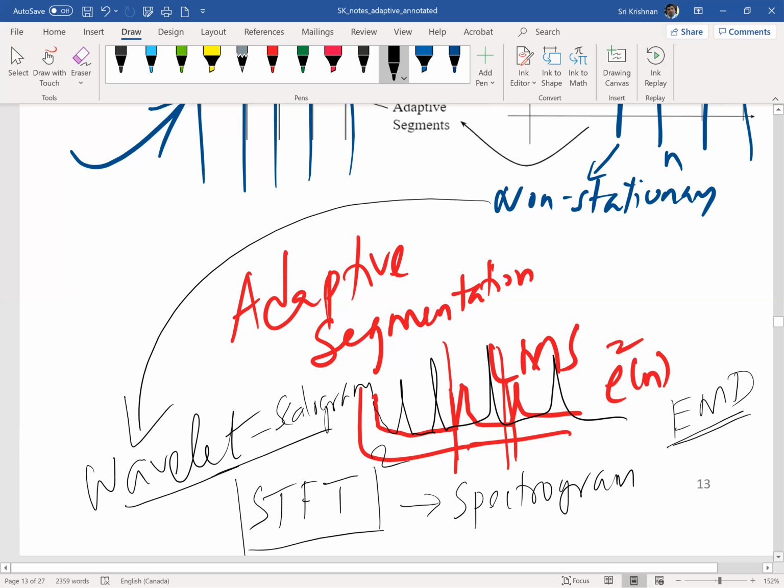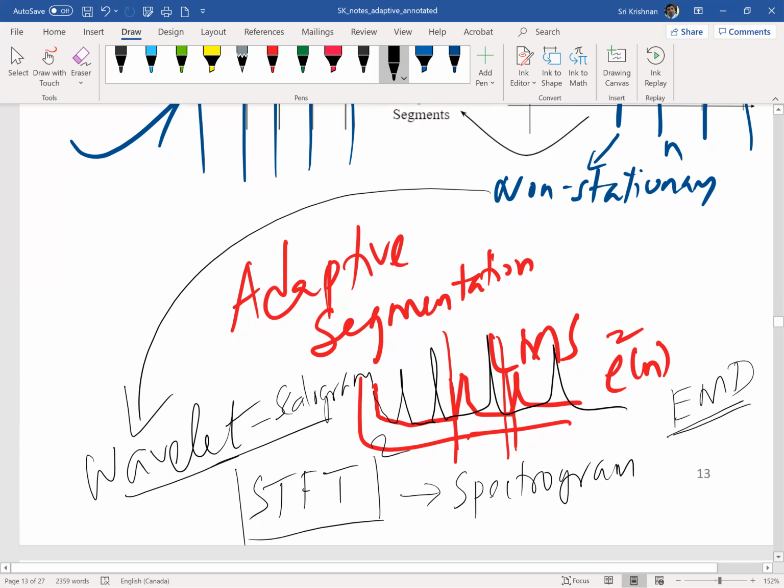But as I said, you can expand that and look into other advanced concepts like wavelets, short-time Fourier transform, and EMD techniques. My lab does extensive work in non-stationary signal processing. So most of the master's and PhD theses develop these advanced forms of non-stationary analysis for both processing as well as for machine learning applications.